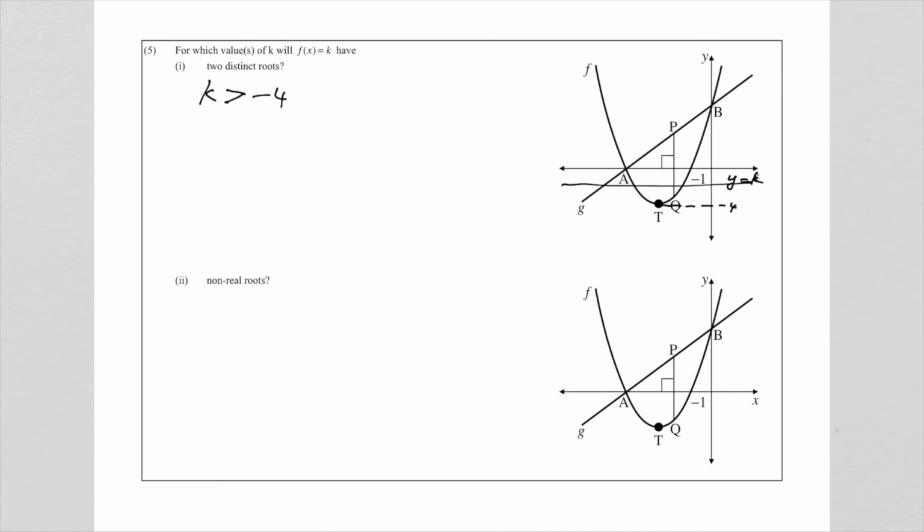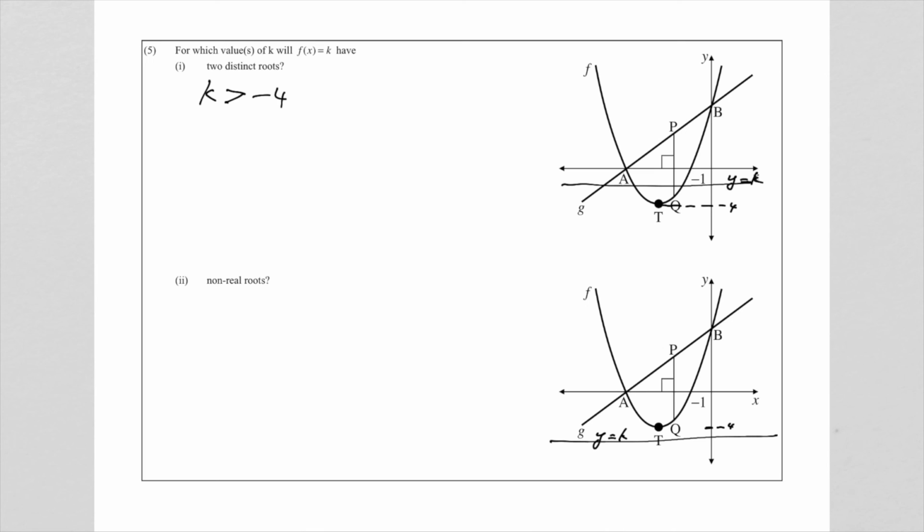In the second one, they say to us the roots are non-real. Now for non-real roots, we draw the horizontal line below the turning point. So let's do that. So I'm going to draw the horizontal line below this turning point, and that y value is at -4, and this is the line y equal to k. So we can now just write down the answer for this one.